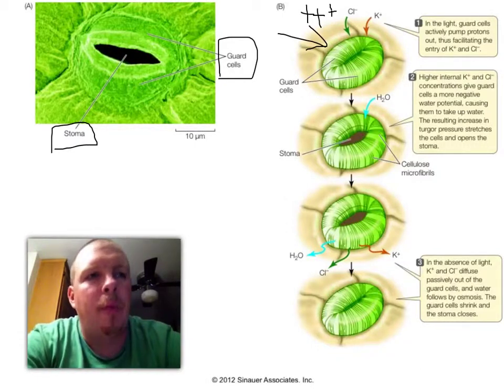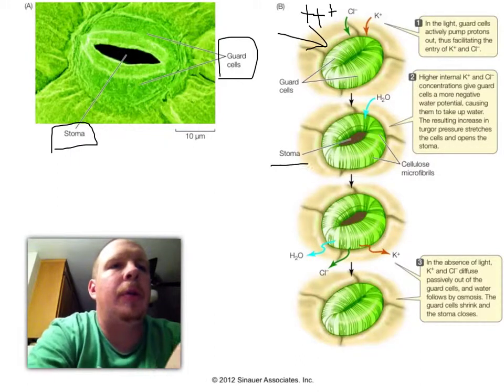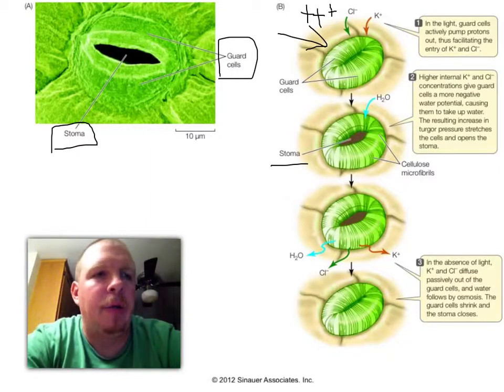When water moves in, the guard cell swells up. It increases in mass and volume, and swells up kind of like a balloon. That swelling opens up the stoma. So now the stomata is open, and water that was inside the plant can evaporate out or transpire out.